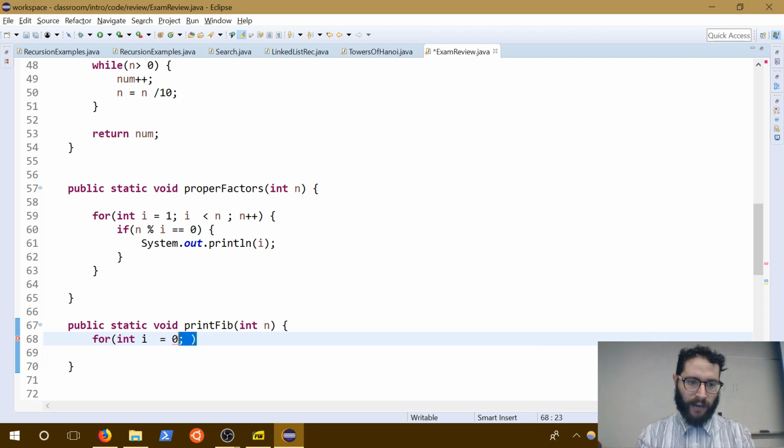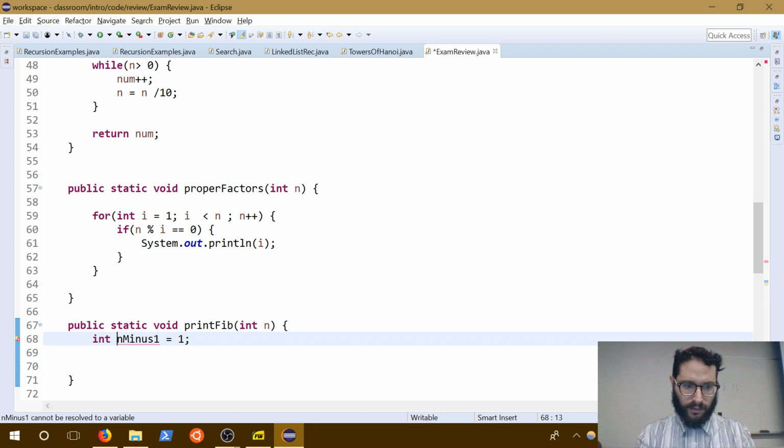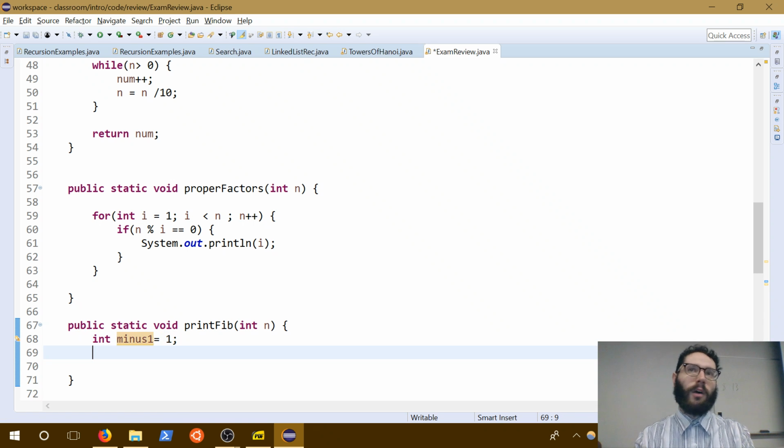Let's see, what do I need? So n minus 1 is equal to, yeah, let's call it minus 1. So Fibonacci number minus 1, right? The nth minus 1 Fibonacci number, int minus 2.